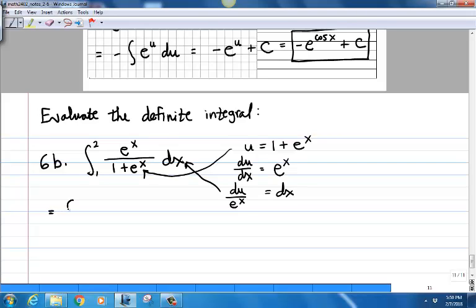So we have maybe an expression that we can integrate more easily. I'll have e to the x over u times du over e to the x.